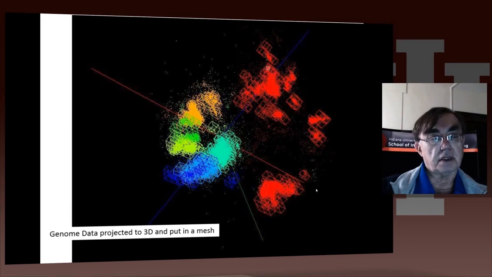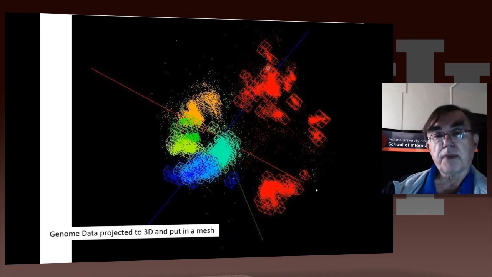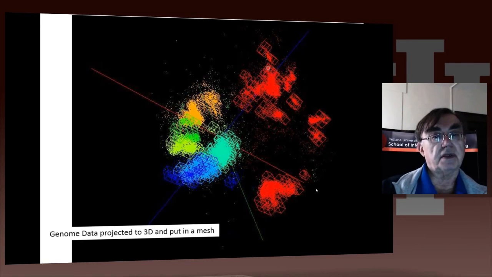I just note that this is actually quite time-consuming, because these sequences originally live in a space of around 1,000 dimensions, and I had to use a technology called multi-dimensional scaling to map the sequences into 3 dimensions. And when in 3 dimensions, I could very efficiently apply this nearest neighbor algorithm.